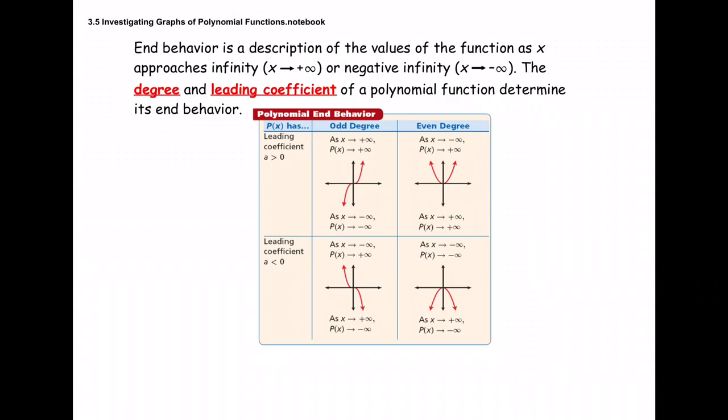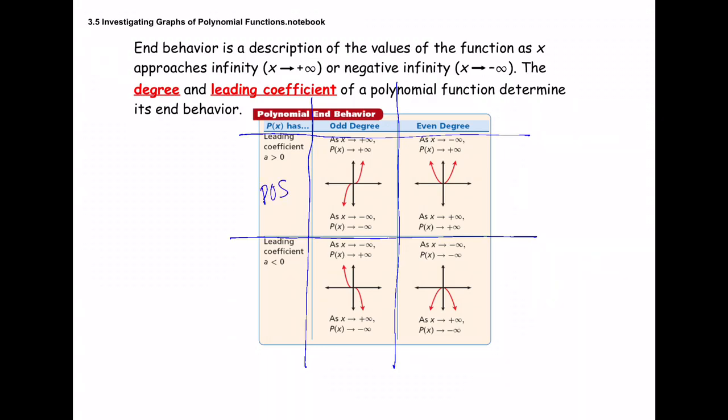So what we do is we set up this chart right here, and we look at the leading coefficients compared to the degrees. If we have a leading coefficient that is positive and an odd degree, our graph will go down to the left, up to the right every time. If we have a positive leading coefficient and an even degree, our graph will go up to the left and up to the right every time.